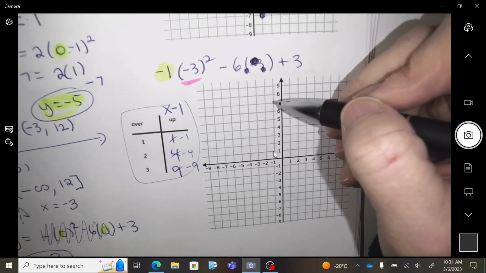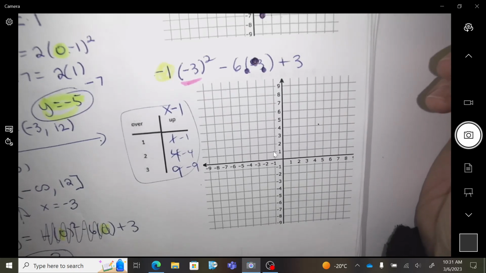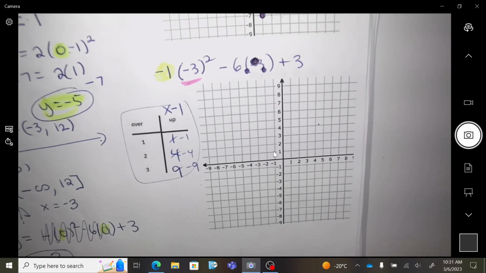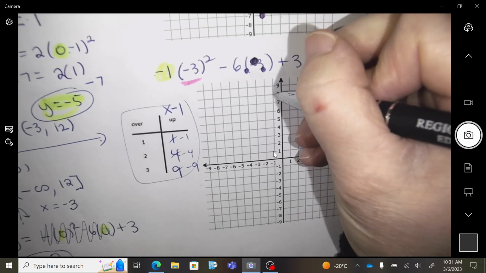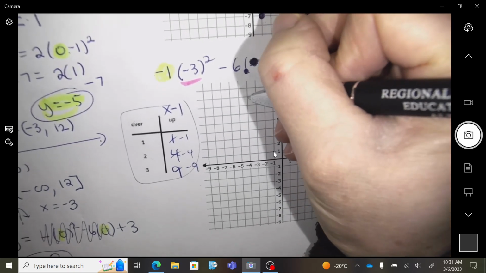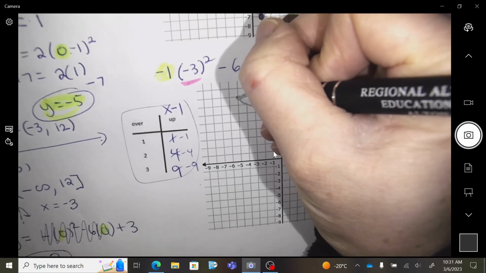Over 2, down 4. What height do you actually get to? If you were at 12, and you went down 4, this one would be at a height of 8. Simple, take the freebie.